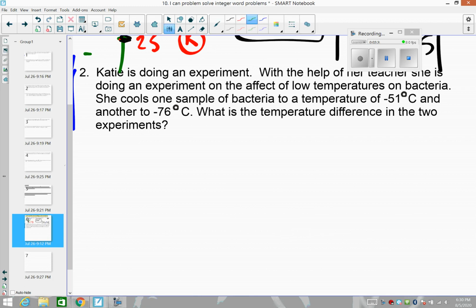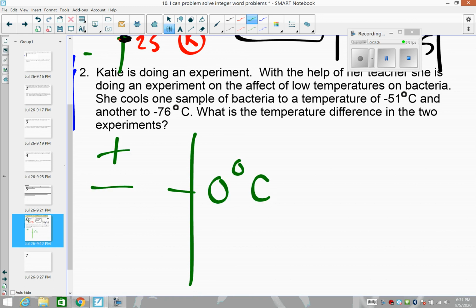Again, think of a thermometer. I want you to identify 0 degrees. In this case, it's Celsius. We know positives are up here. We know negatives are down here. So the two temperatures are located at negative 51 degrees, and I know it's not drawn to scale here, and negative 76 degrees.